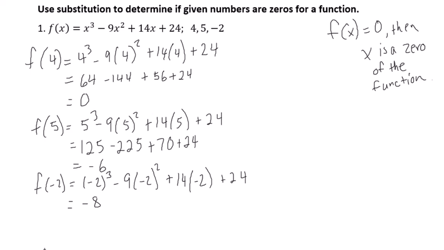That is a positive 4 times 9, which will give us -36, minus 28, plus 24. And so this one has a bunch of negatives, so it's not going to equal 0. It equals -48. All right, so we had 4 being a 0, 5 and -2 not being zeros.